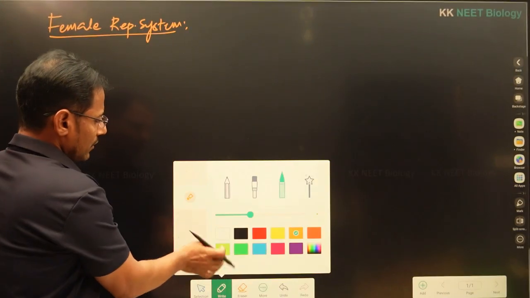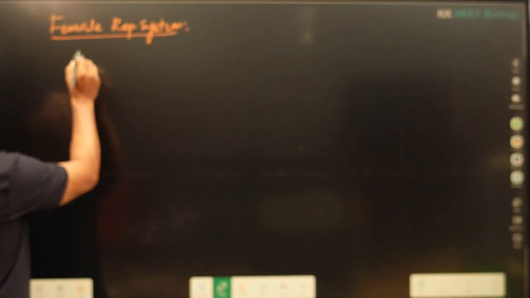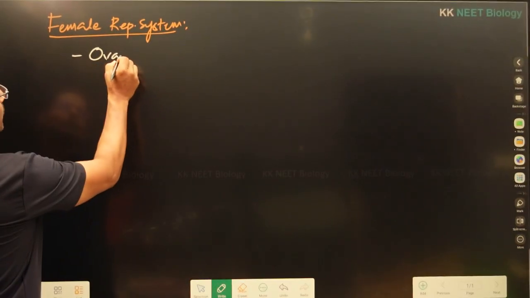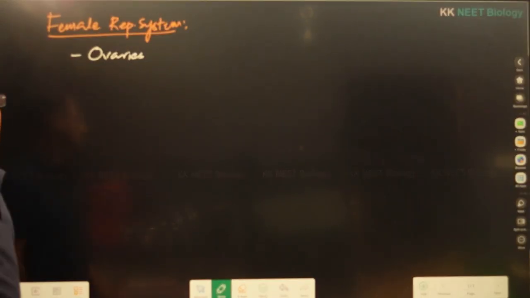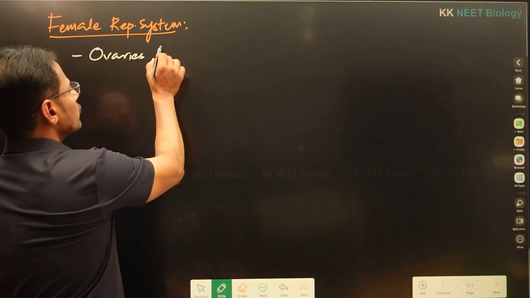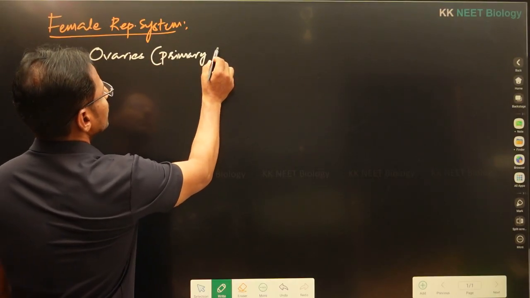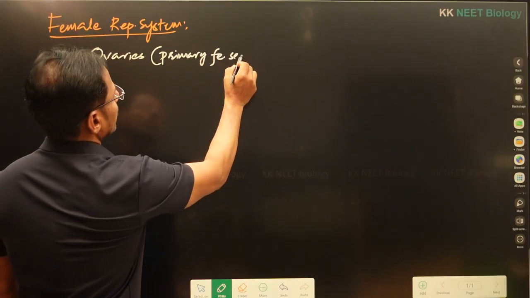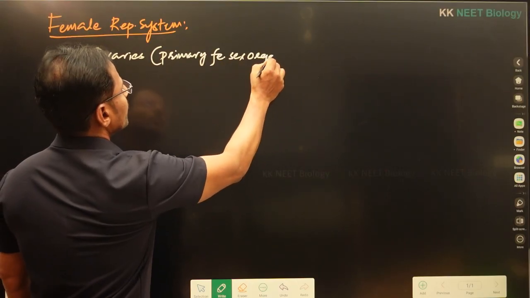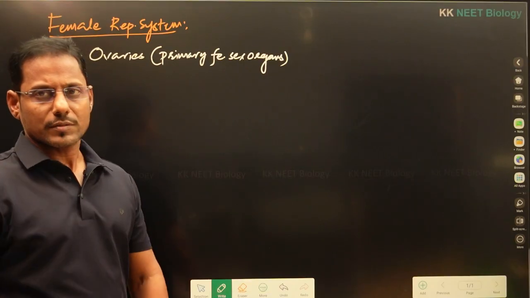Let us see them one by one. The first one is the pair of ovaries. We generally call these ovaries the primary female sex organs.